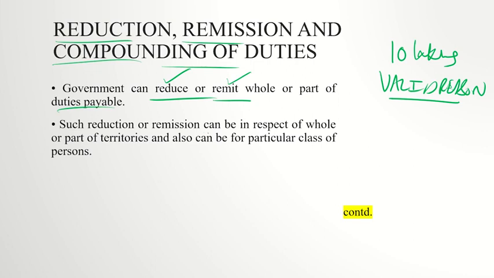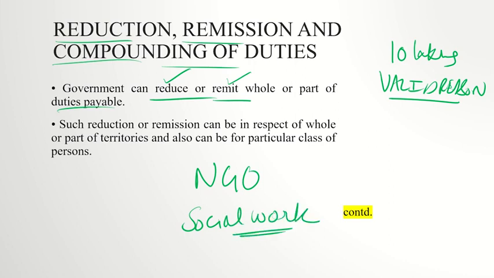Such reduction or remission can be in respect of the whole or part of the territories or for a particular class of person. Suppose there is an NGO doing some social work. The government feels they are doing good work, so why should we make them pay stamp duty? They can say you don't pay stamp duty for the land which you are going to purchase. The government has that power.